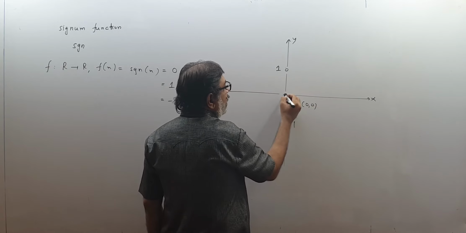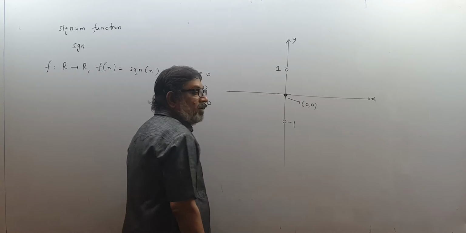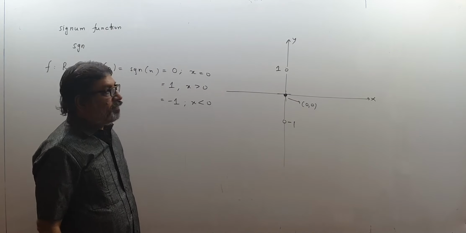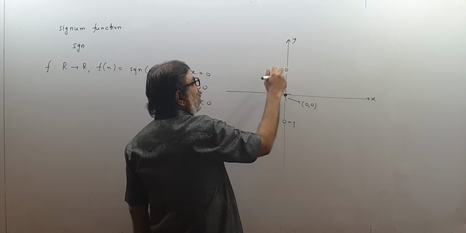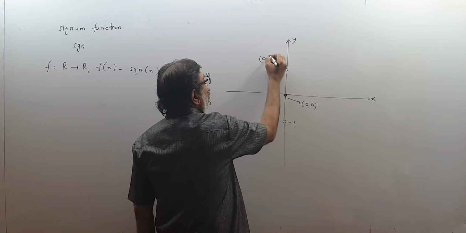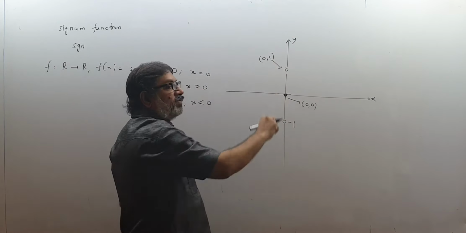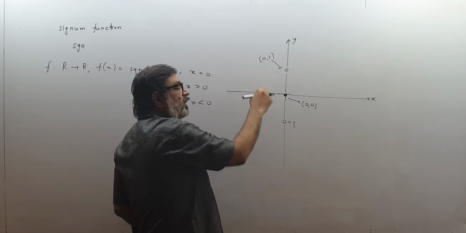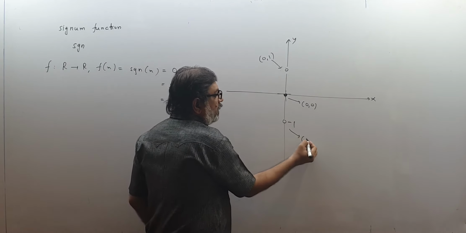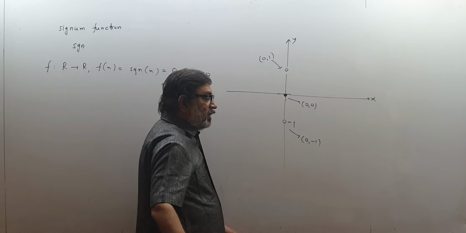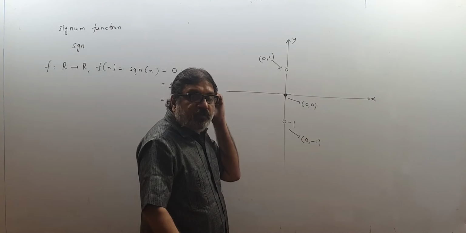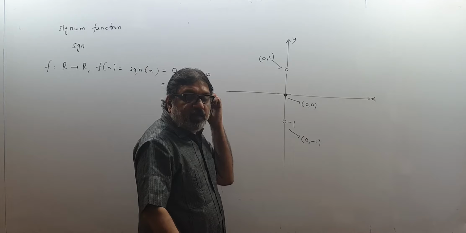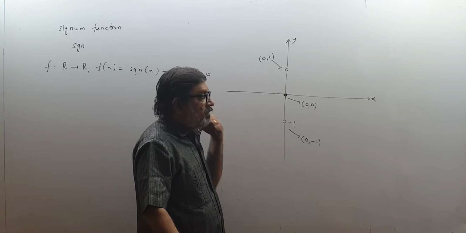So I darken it like this, because for 0 the value is 0. This is the point (0, 1). When x is 0, the function is not 1, so the point (0, 1) cannot come on the graph. This is the point (0, -1). When x is 0, the value of the function is not minus 1. Therefore (0, -1) cannot be a part of the function.